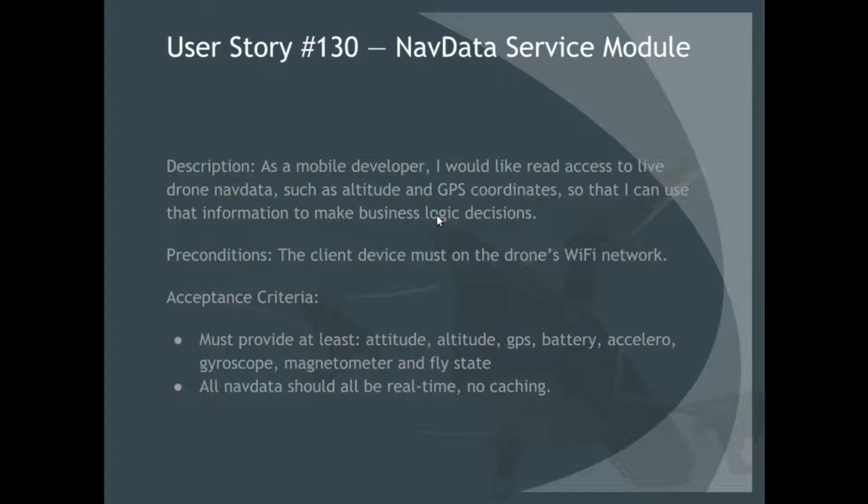The acceptance criteria is as follows. Must provide at least attitude, altitude, GPS, battery, accelerometer, gyroscope, magnetometer, and fly state. All the nav data that is received by the device must come in real time. There must be no caching.